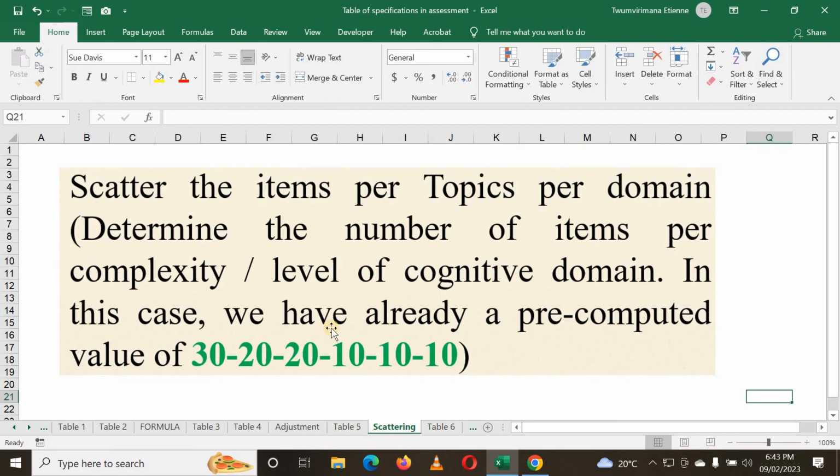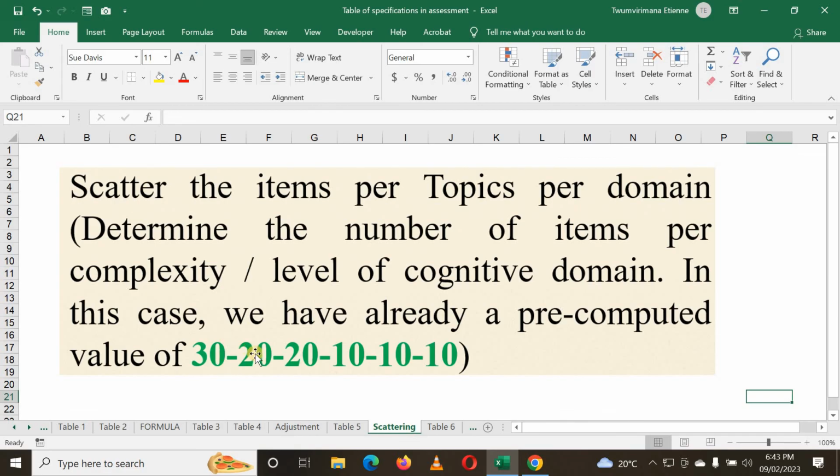Scatter the items per topic per domain. Determine the number of items per complexity level of the cognitive domain. In this case, remember that we have 30, 20, 20, 10, 10, 10. You have seen the distribution of these percentages.